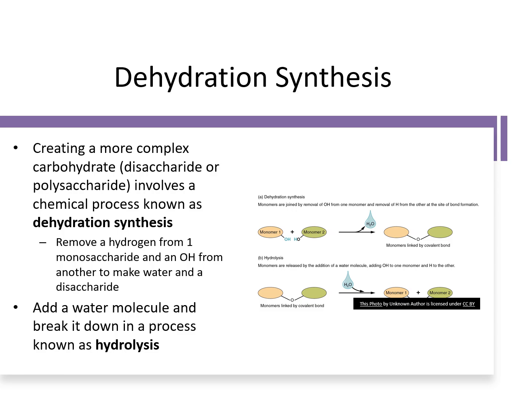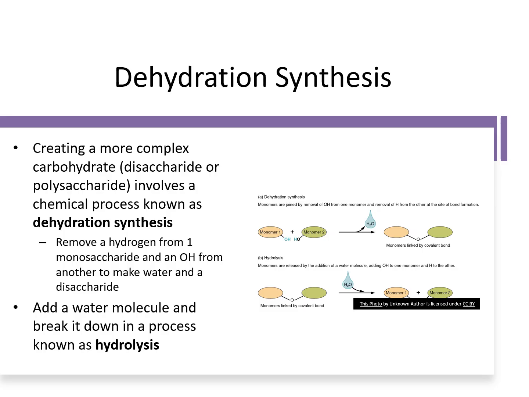If you want to add another glucose to the end of this, you do the same process. Take an OH off of this, take an H off of the next monosaccharide, remove that molecule of water, and now you have a trisaccharide, and you can keep adding them as you go.